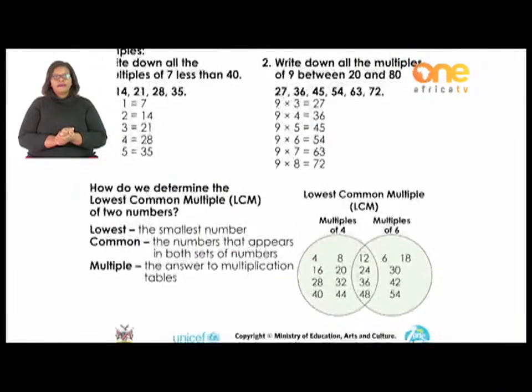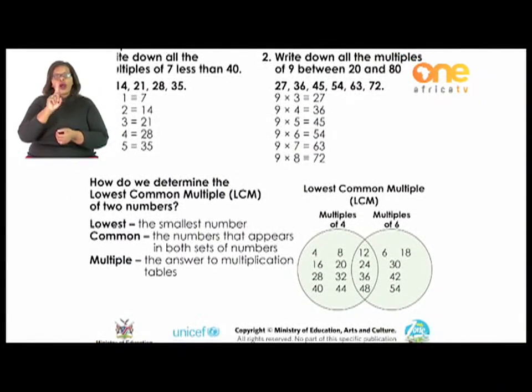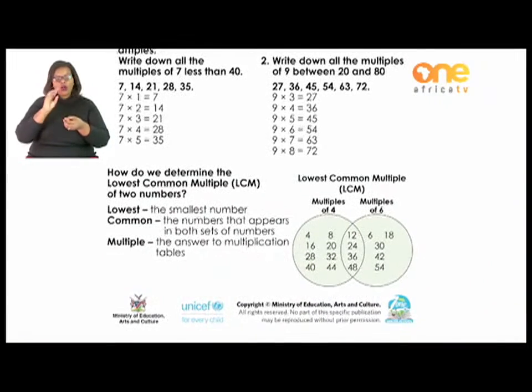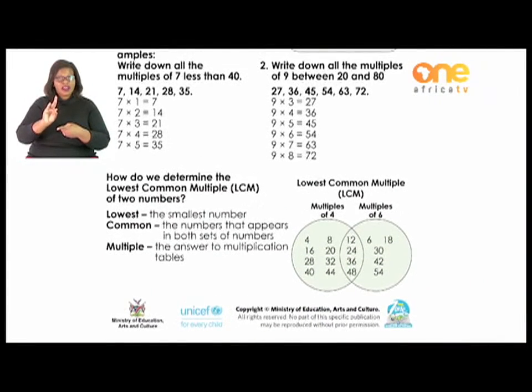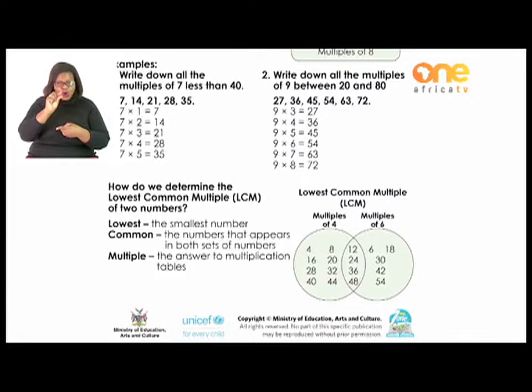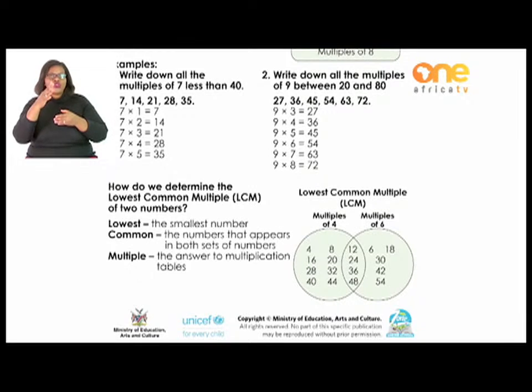If you are asked to write down all the multiples of 7 less than 40. Remember, the multiples of 7 less than 40. 7, 14, 21, 28, and 35.